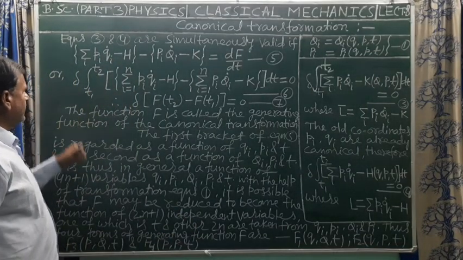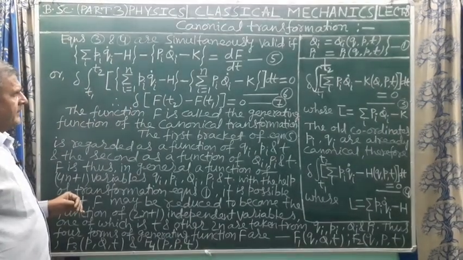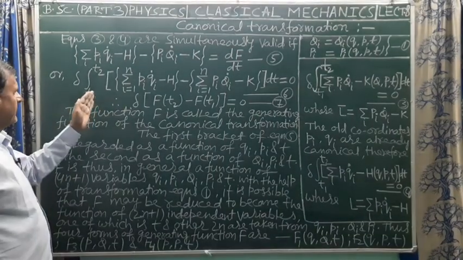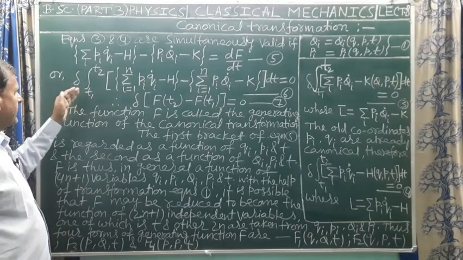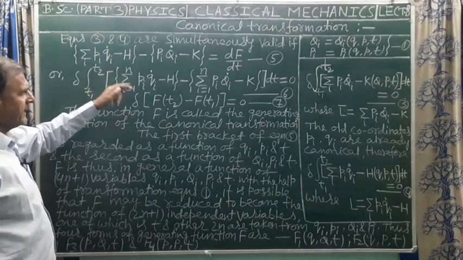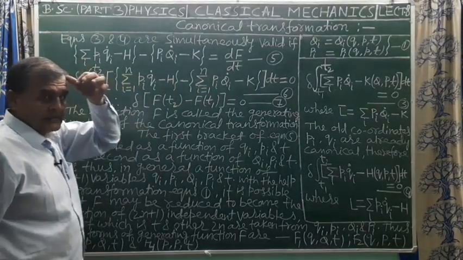So we can write in equation 6: delta integral from t1 to t2 of dF upon dt into dt is equal to 0.